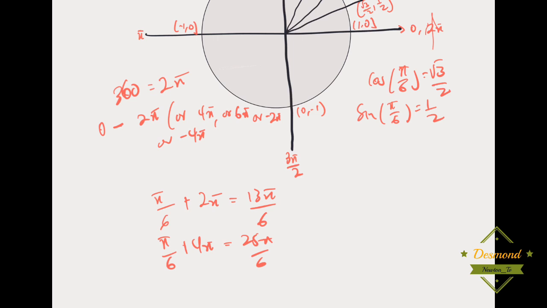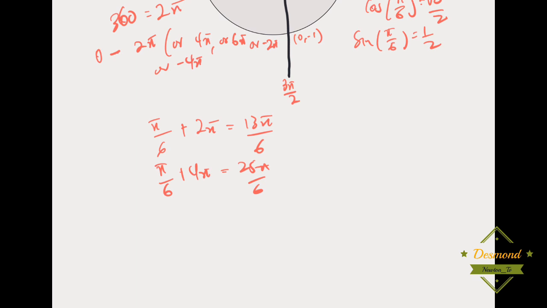If you understand it well so far, let's look at another one. Let's take pi on 6 minus 2 pi. What do we mean by this? When we do this, we get negative 11 pi on 6. What we did here is start at pi on 6, then rotate once around clockwise, not counterclockwise.